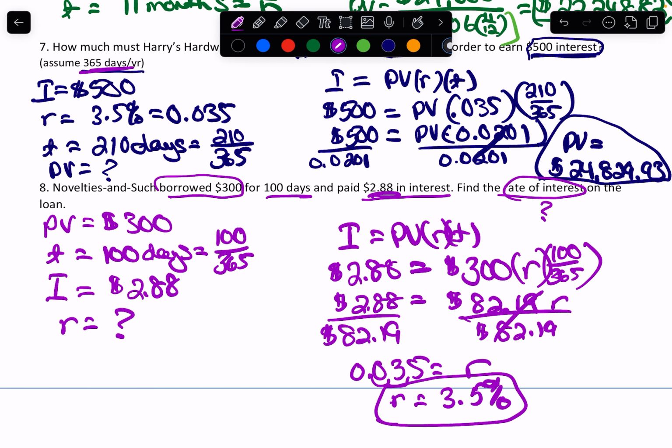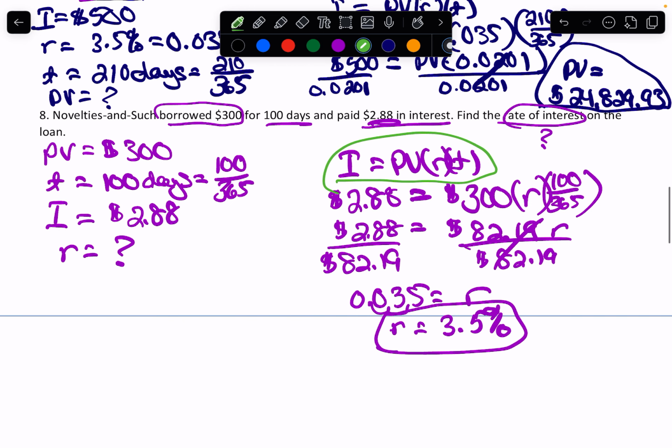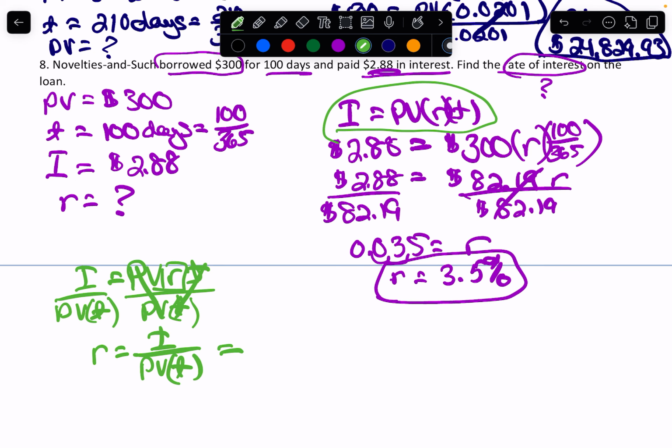Now, another way of doing this particular problem, we could take this formula right here, I equals PV times R times T. The P should be a capital P. Before we do anything else, we can actually solve for the R. That means we would divide by PV times T on both sides, and we would get R equals I over PV times T. Now if we plug in, our interest was $2.88, and our present value was $300, and our time is 100 over 365.